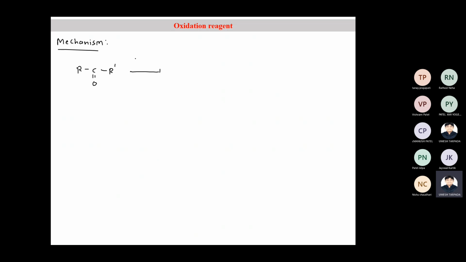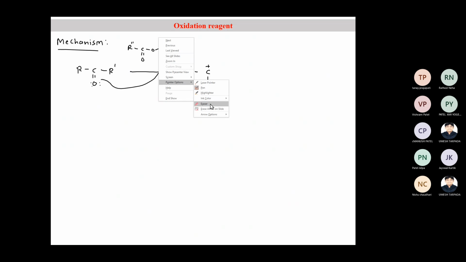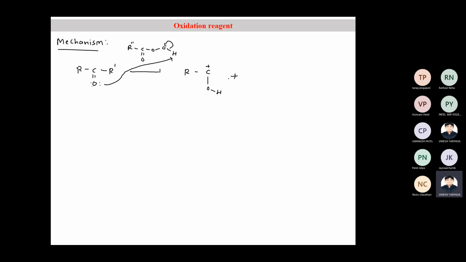The first step, in the presence of peracid, is protonation on oxygen. It abstracts the proton. This is the first step, and you are getting a peroxide ion over here.